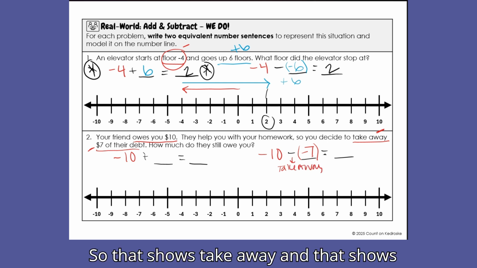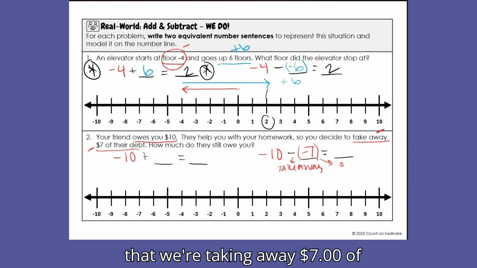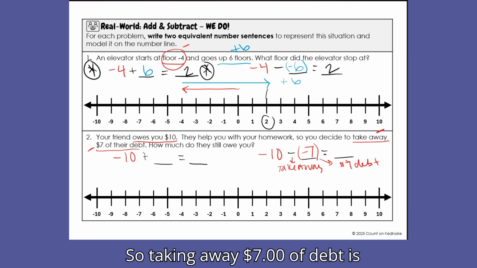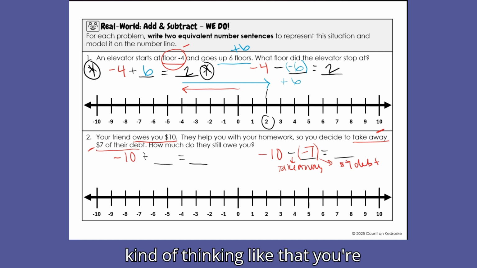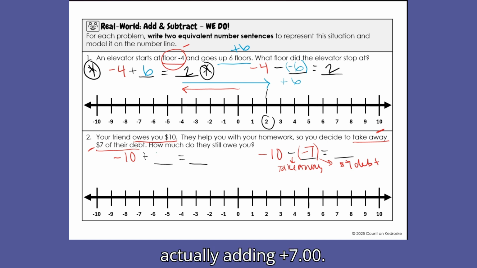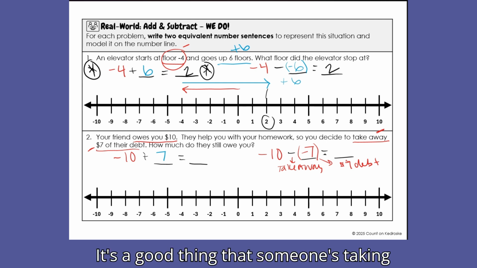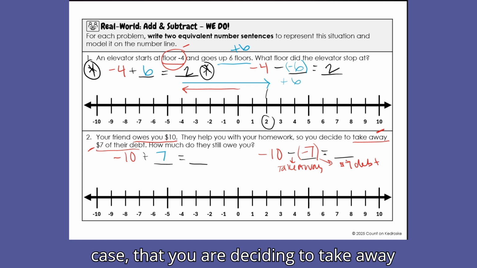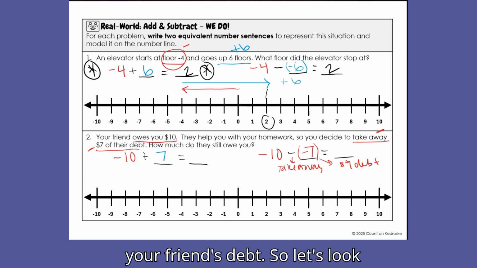So that shows take away, and that shows that we're taking away $7 of debt. So taking away $7 of debt is kind of thinking like that you're actually adding positive $7. It's a good thing that someone's taking away your debt. Okay. Or in this case, that you are deciding to take away your friend's debt.